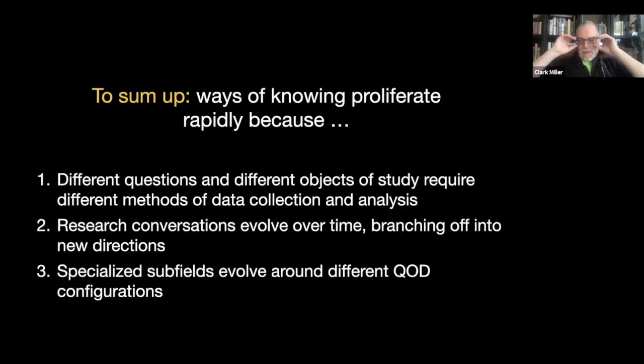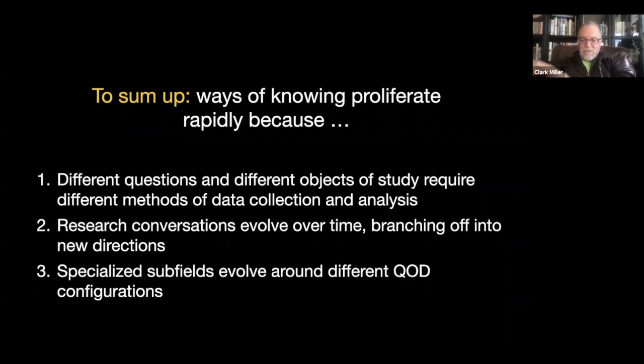All right, so to sum up this video, ways of knowing proliferate. We get lots of ways of knowing, and they proliferate, in fact, quite rapidly because different questions and different objects of study require different methods of data collection and analysis. QOD alignment, right? You've got to align those things.